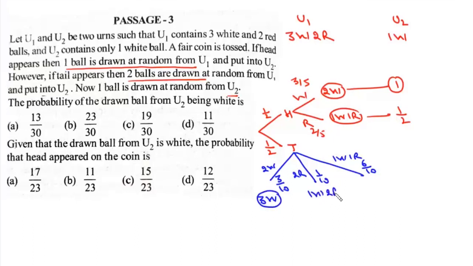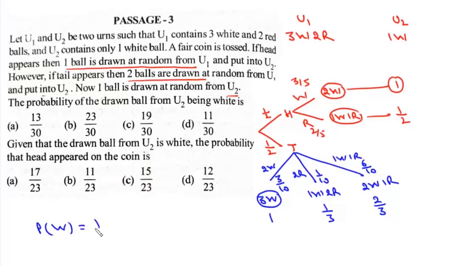1 white and 2 red, or it will have 2 white and 1 red. Now the probability of getting a white ball, here in this case is 1, here will be this 1 by 3, and here will be this 2 by 3. Now first we need to find the probability that a white ball is being drawn from U2. Basically it's a conditional probability, so we have to multiply all these probabilities.